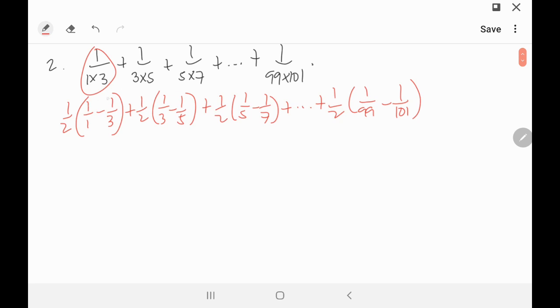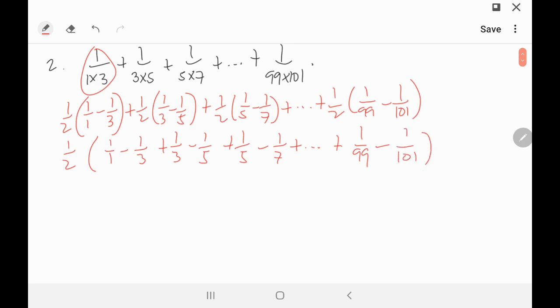Since every term has a factor of 1 half, we can factor out 1 half outside, and inside the parentheses will be 1 over 1 minus 1/3 plus 1/3 minus 1/5 plus 1/5 minus 1/7, up to 1 over 99 minus 1 over 101. And this one cancels with that.